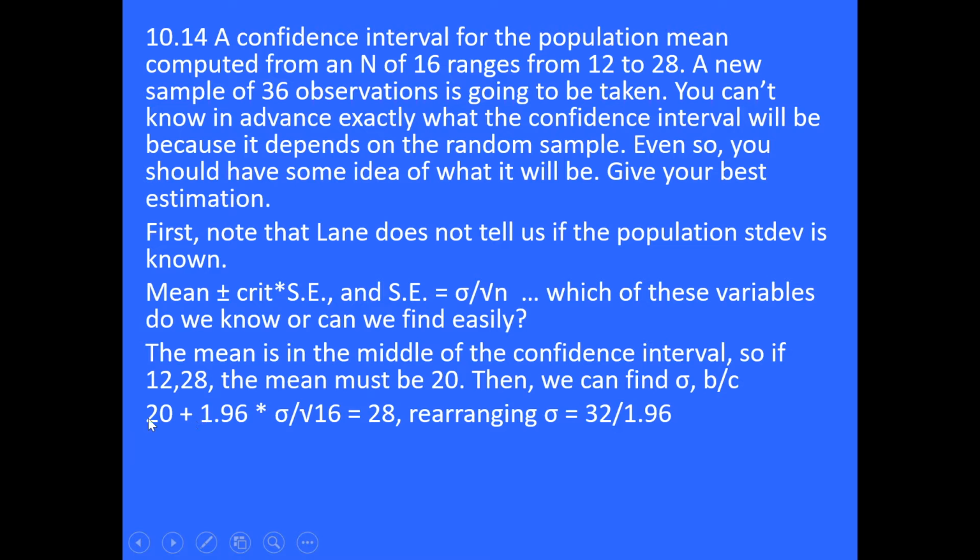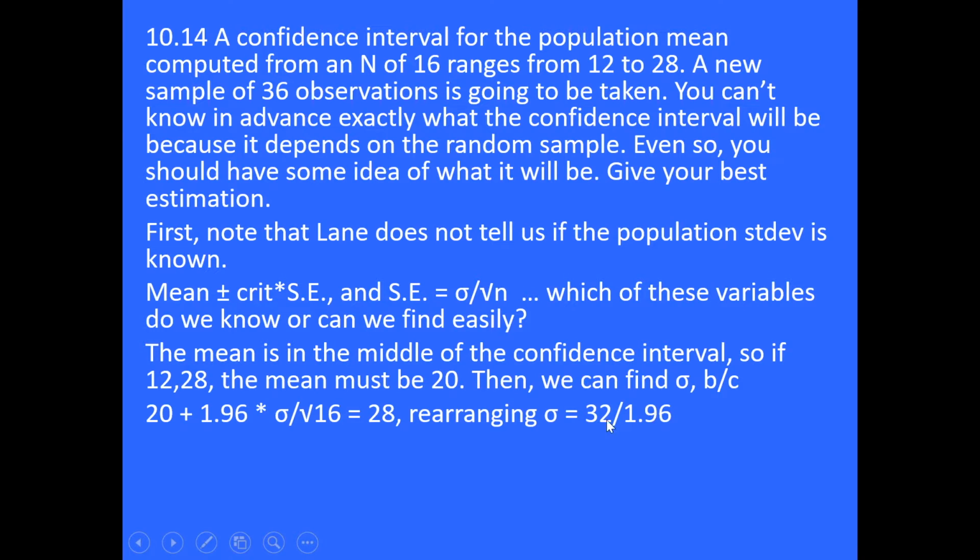So now we've got a formula here that only has a single variable in it, and we can find that variable through some simple algebra. So first thing I would do is subtract 20 from both sides, right? That gives you 8 on this side. And then the square root of 16 is 4. So 4 times 8, cross multiplying, is 32, divide both sides by 1.96. There's what the standard deviation is.